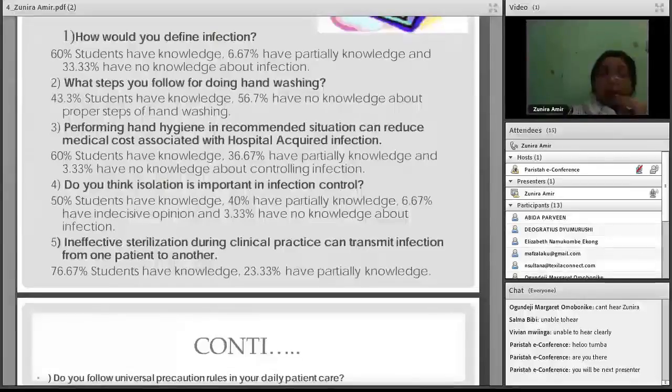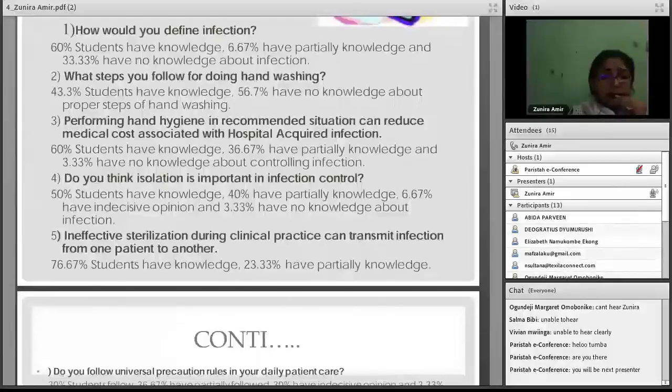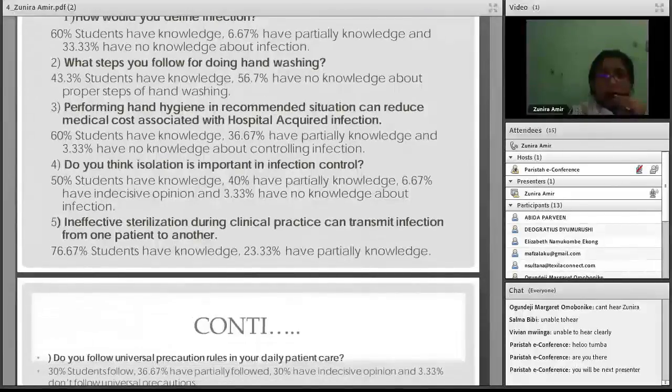In this Likert scale statement, 60% of students have knowledge, 36.67% have partial knowledge, and 3.3% have no knowledge about controlling infection.